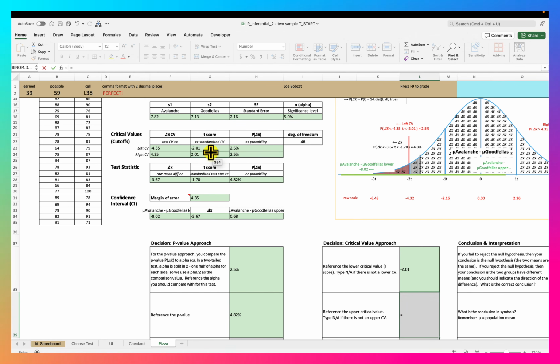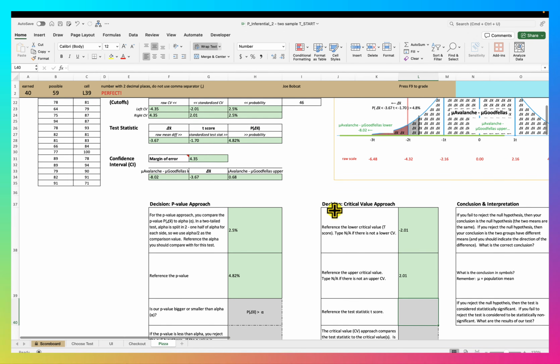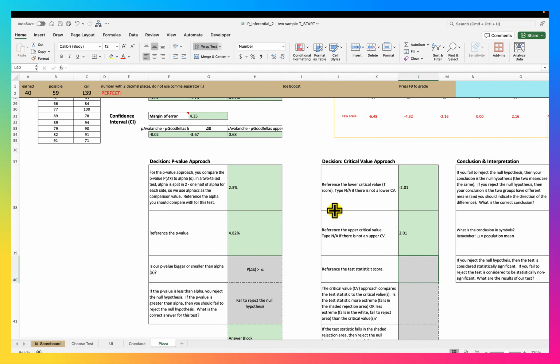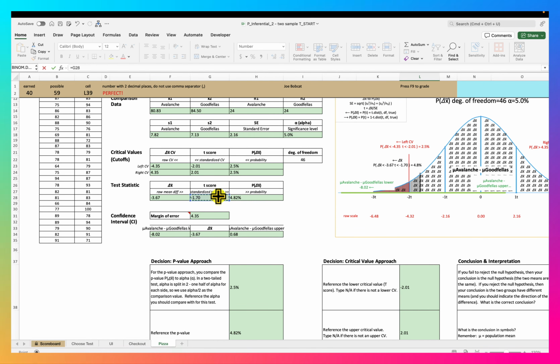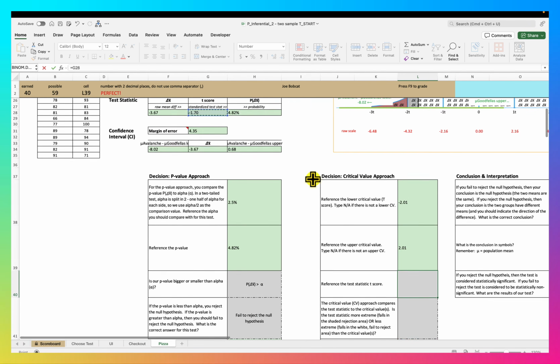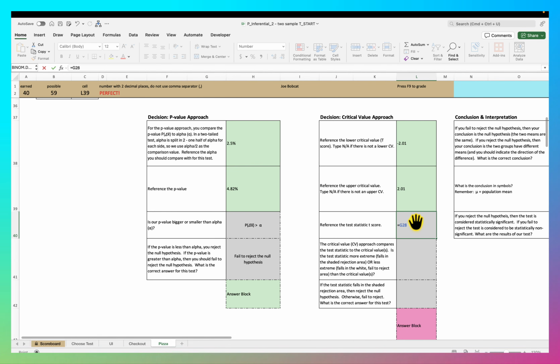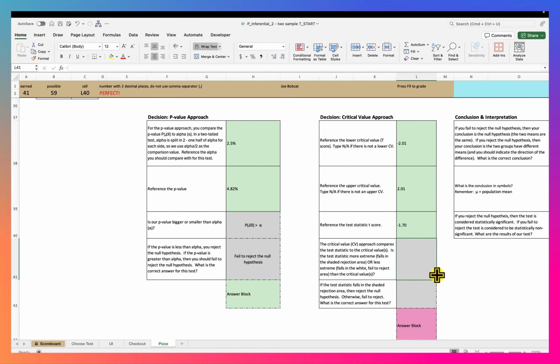The upper one is 2.01. The test statistic t-score is, so fail to reject area, fail to reject the double.